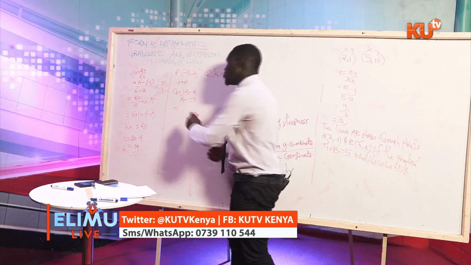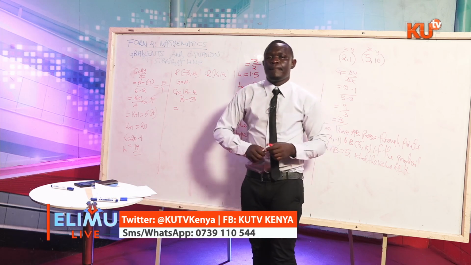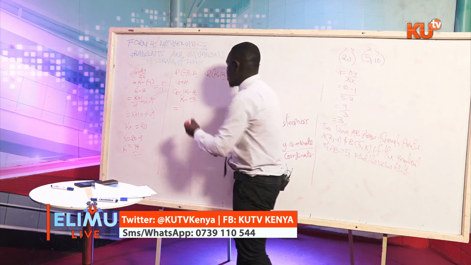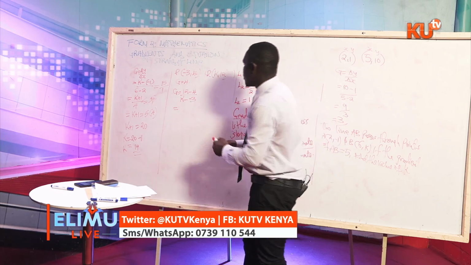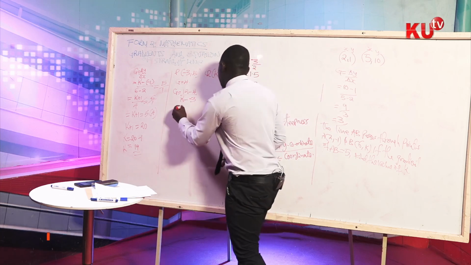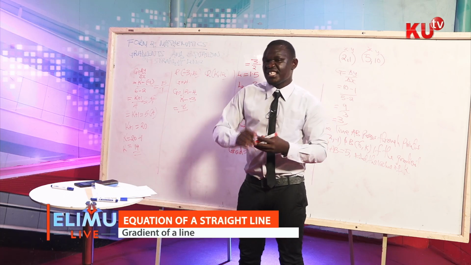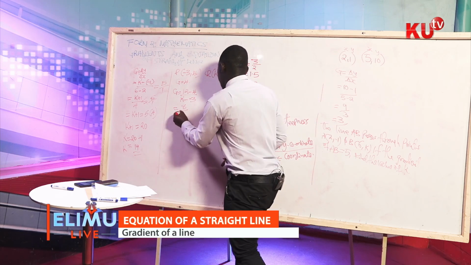I want you students to be very keen on this because this is the point where many students go wrong. They just tend to ignore. So 12 minus 4 gives you what, dear students? Yes, thank you. You get 12 minus 4 is 8 over k minus -3 becomes k plus 3.